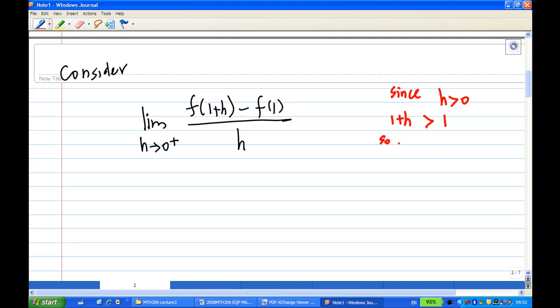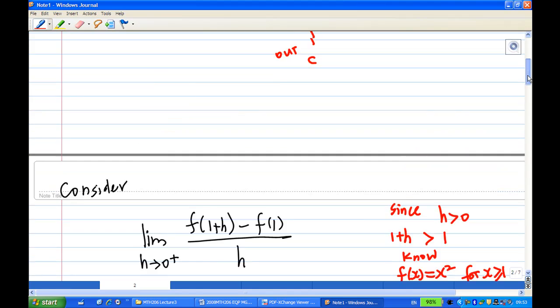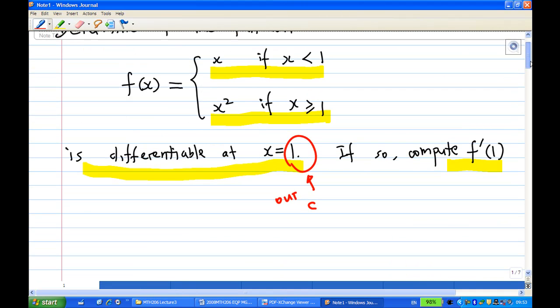So we also know that f of x is equal to x squared for x more than or equal to 1.